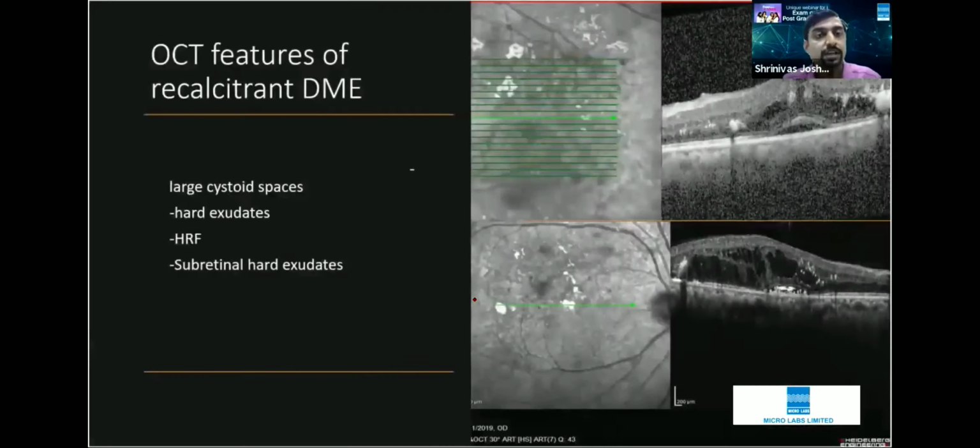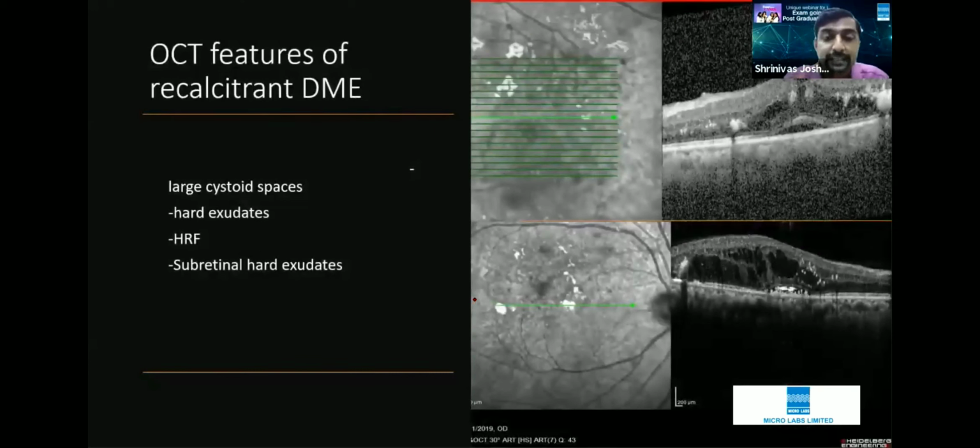So coming to the next, what are the important features of DME? If the OCT is given like this, the important points are large cystoid spaces, hard exudates, and hyperreflective foci.